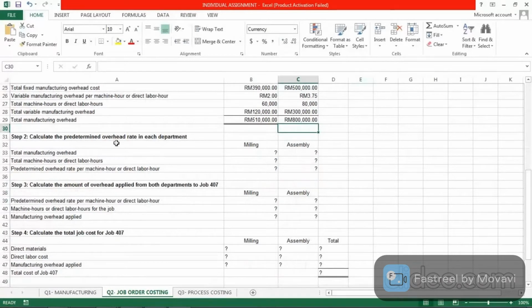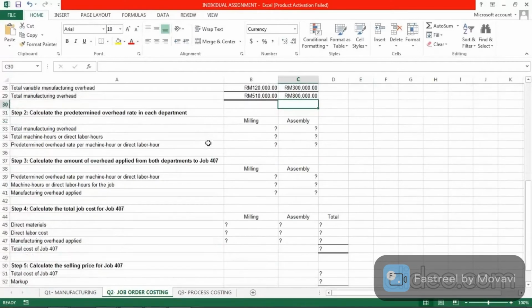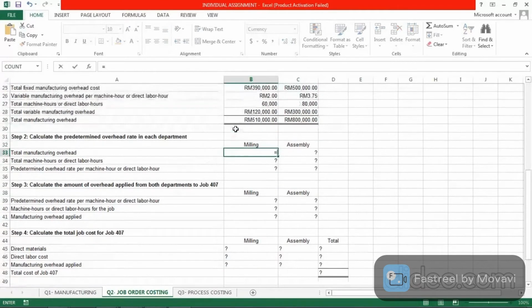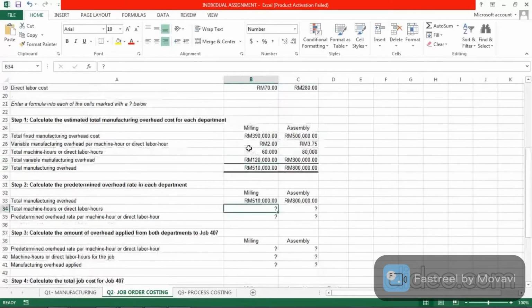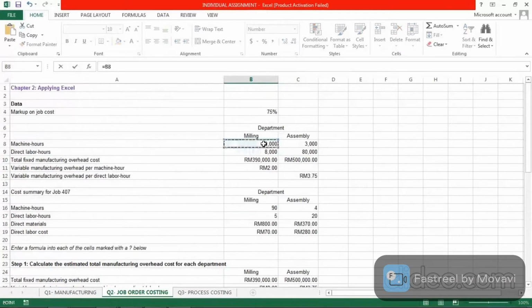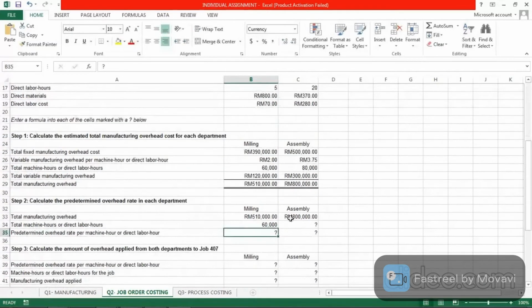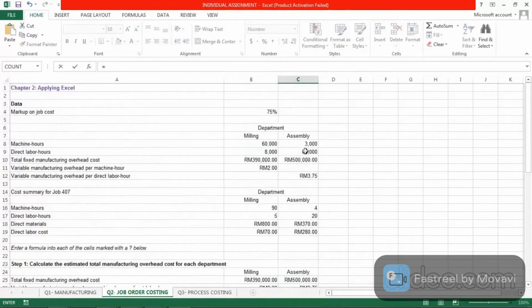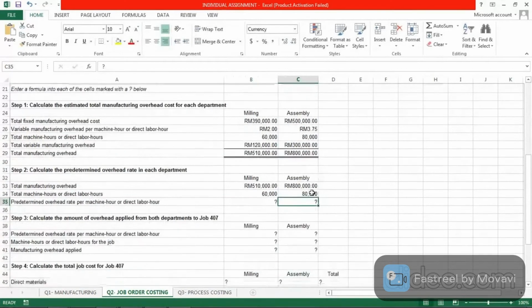Step 2. Calculate the predetermined overhead rate in each department. For total manufacturing overhead, we already derived the amount from the previous step, so just insert. Total machine hours for the milling department is 60,000. Total direct labor hours for the assembly department is 80,000.